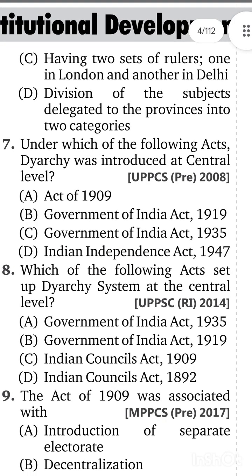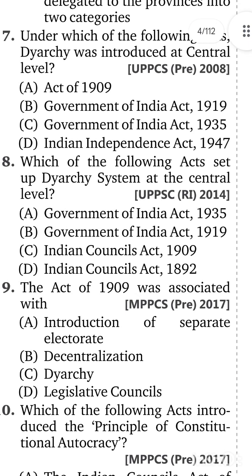Next, seventh question. Under which of the following acts was diarchy introduced at central level? Answer is Government of India Act 1935. Which of the following acts set up diarchy system at central level? Government of India Act 1935. Same question has been repeated but differently.